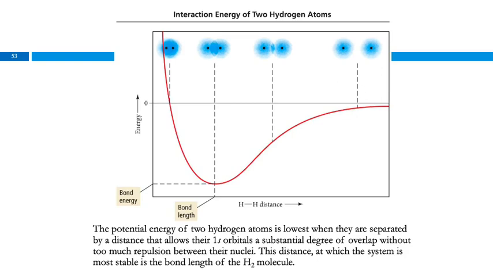So this is a graph, energy going up on the y-axis, and distance between two hydrogen atoms increasing over to the right. In the middle here, we have zero energy. You could think of this a little bit like the potential energy of a rock, where this is sea level. If the rock is right here in the shallow end of the lake, and there's a drop off, the rock is going to roll down.